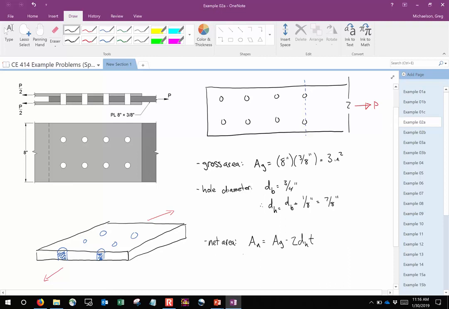Okay? So that's going to be 3 square inches minus 2 times 7/8 of an inch times 3/8 of an inch.